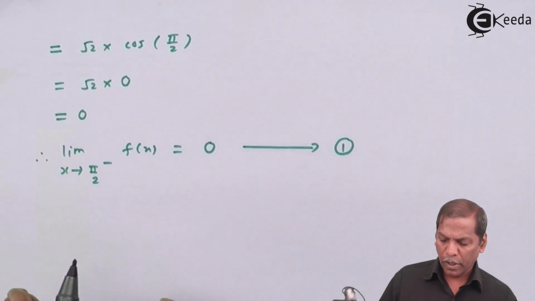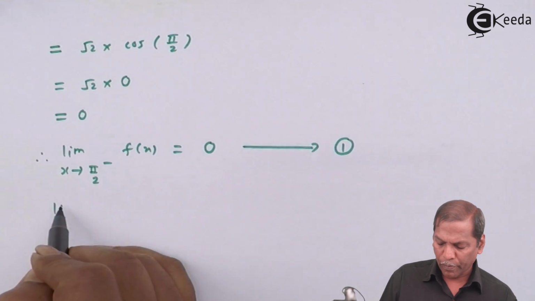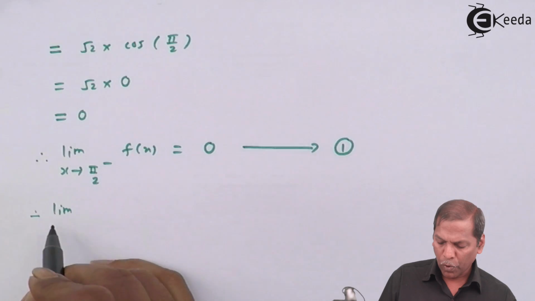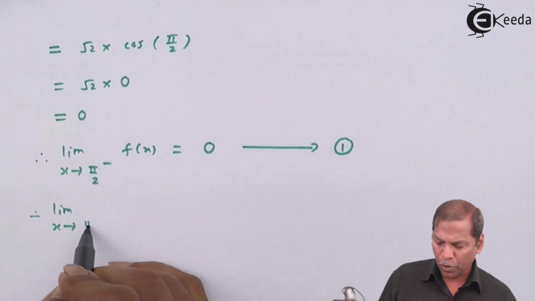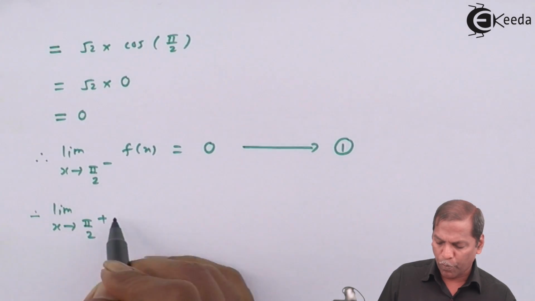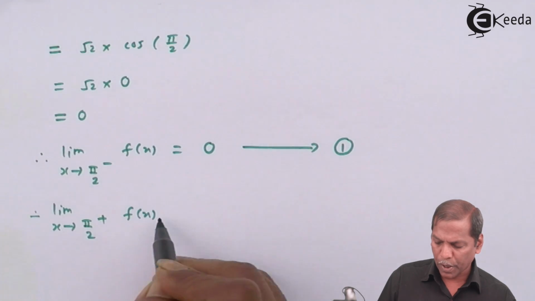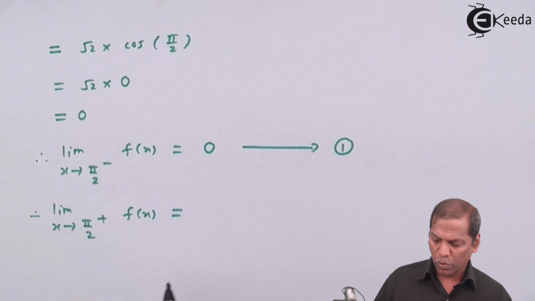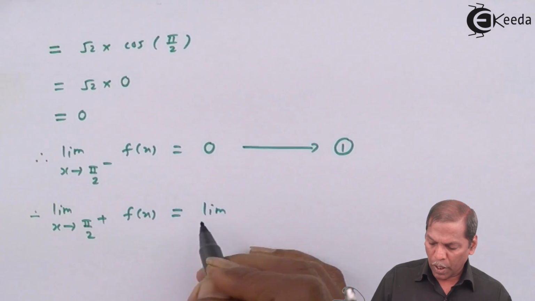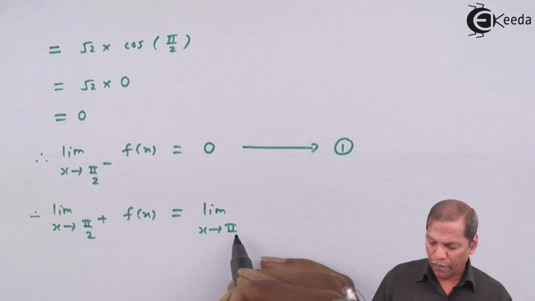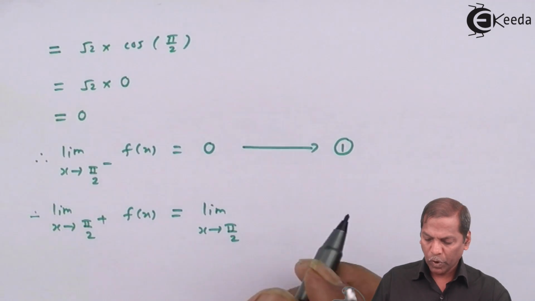Now the second part, that is the right hand limit. Therefore limit x tends to pi by 2 plus f of x is equal to limit x tends to pi by 2.